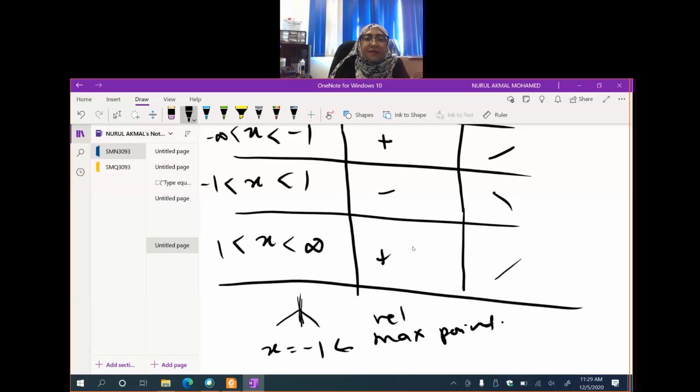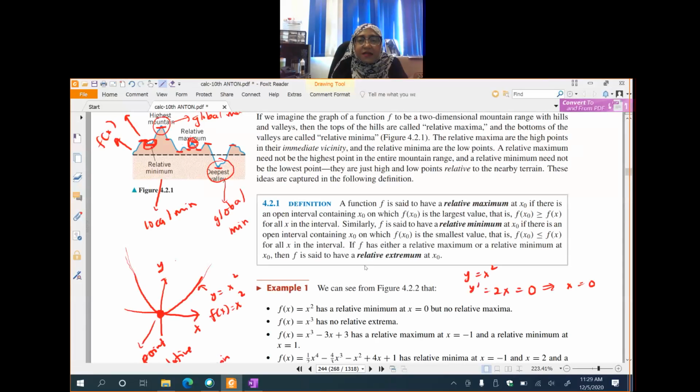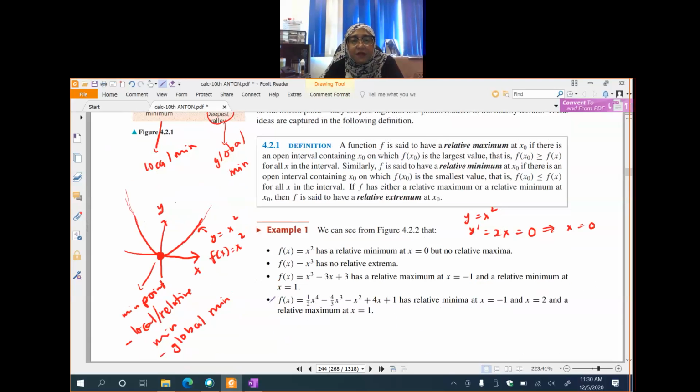So x equal to 1 will be a relative minimum. So that's why the answer is: it has a relative maximum at x equal to -1 and a relative minimum at x equal to 1. What about the fourth one?